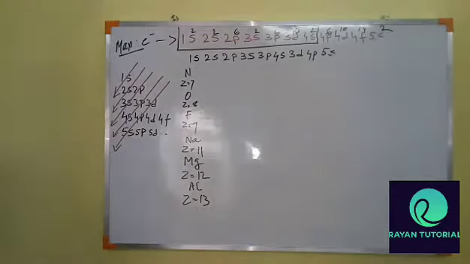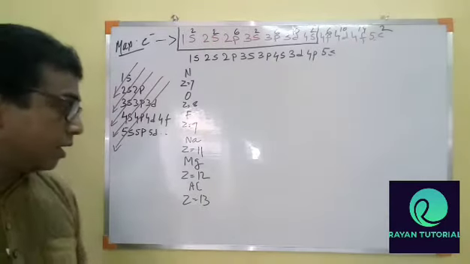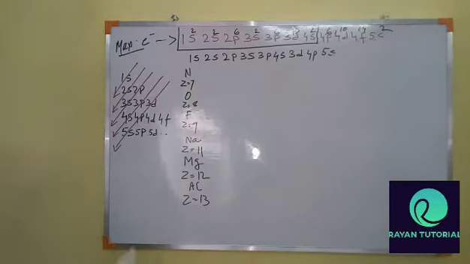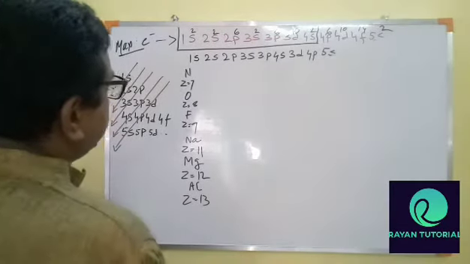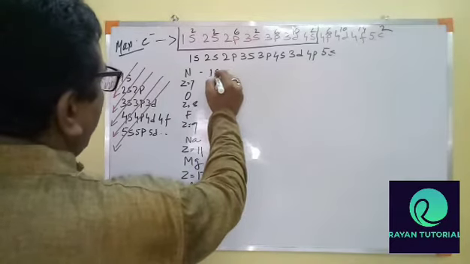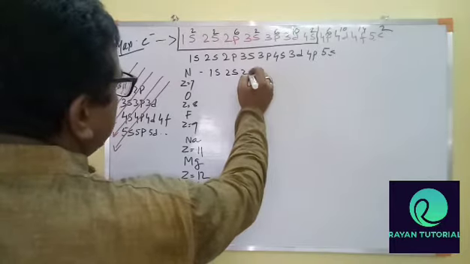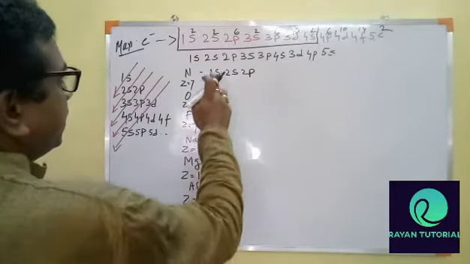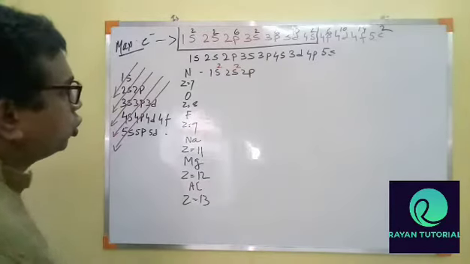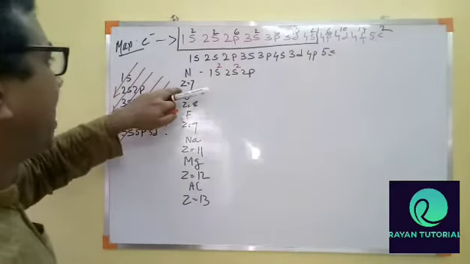Okay, first let us do these things. Clear? Practice this one. It will help you a lot. Now comes nitrogen. Nitrogen 7 means 1s, 2s, 2p. Here I can put 2, here I can put 2, 2 and 2, 4, and 7.